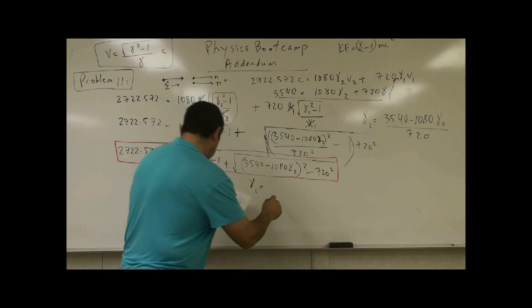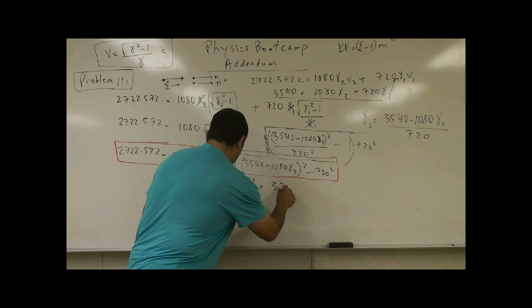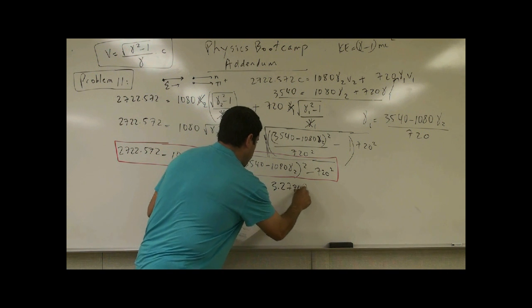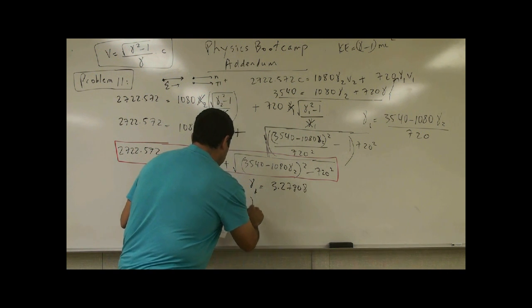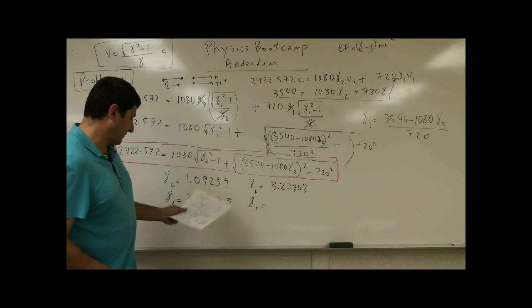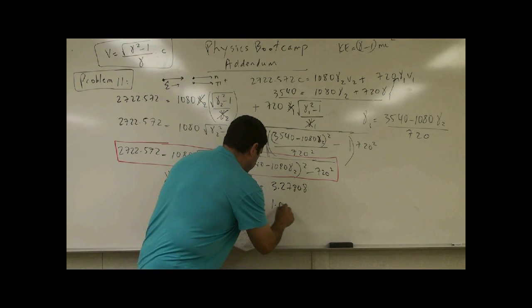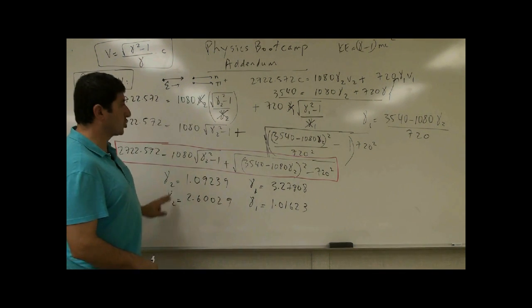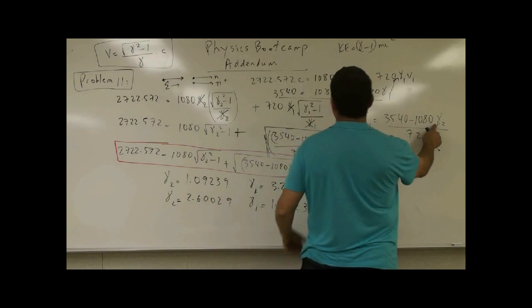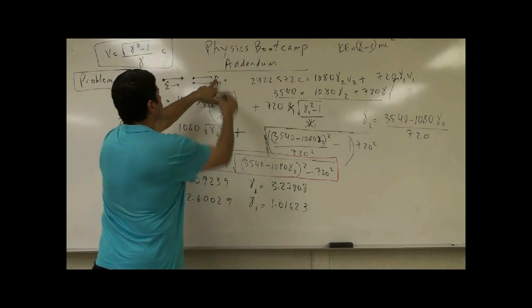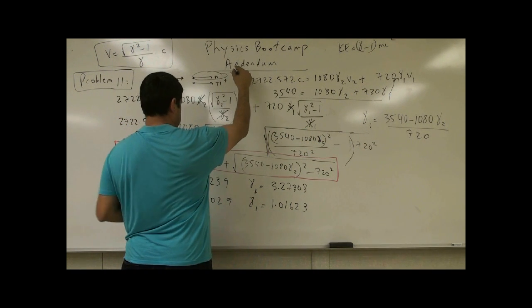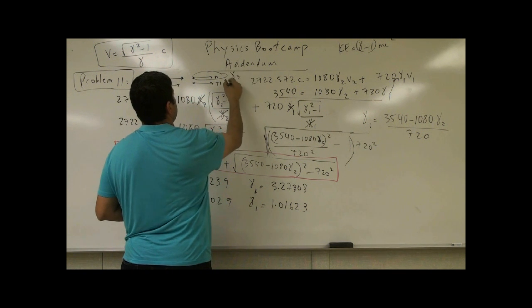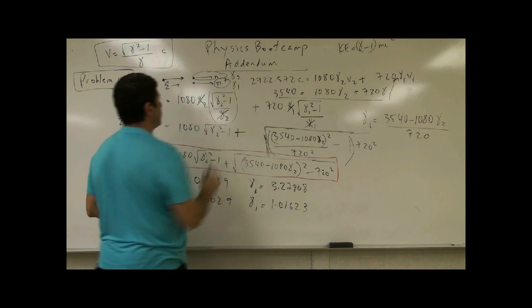That one comes out to be 3.27808. And then the other corresponding gamma 1 turns out to be 1.01623. Okay? Basically, gamma 2 corresponds to the velocity of the neutron, and the gamma 1 corresponds to the velocity of the pion.